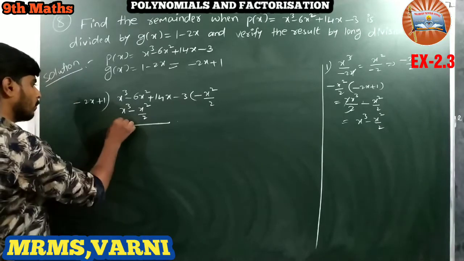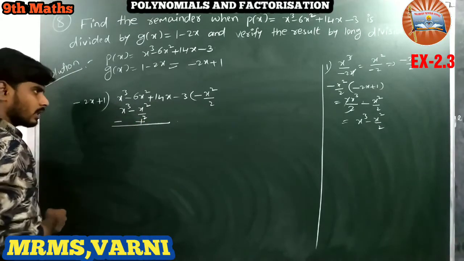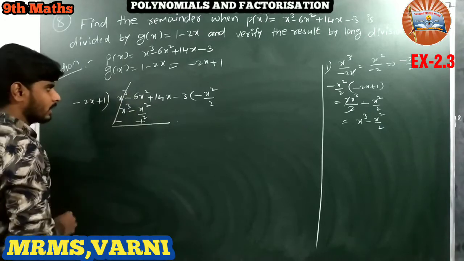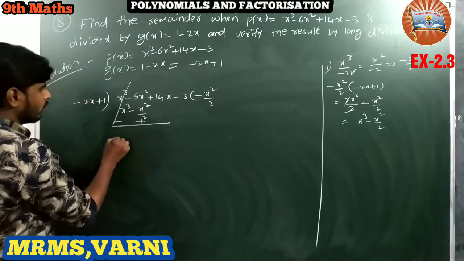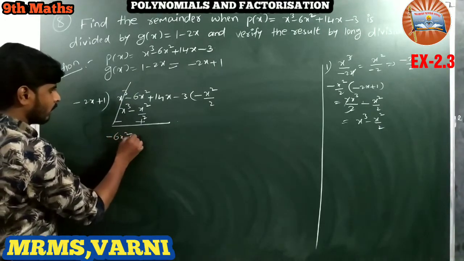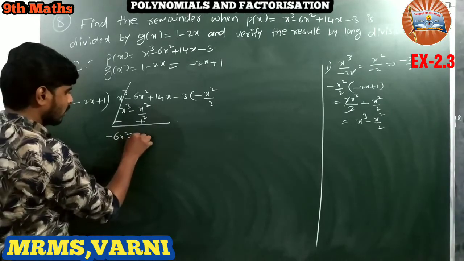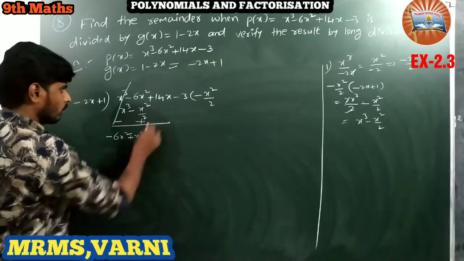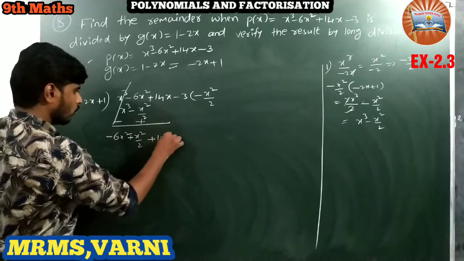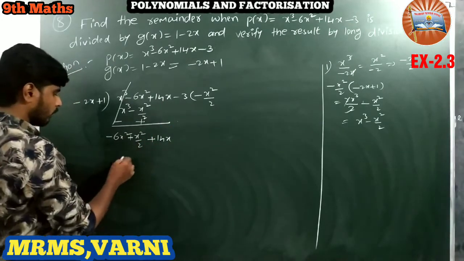Then we are changing the signs here, minus plus. These two get cancelled. This one remaining is minus 6x square plus x square by 2. So drop this here, 14x. So we have to simplify this.